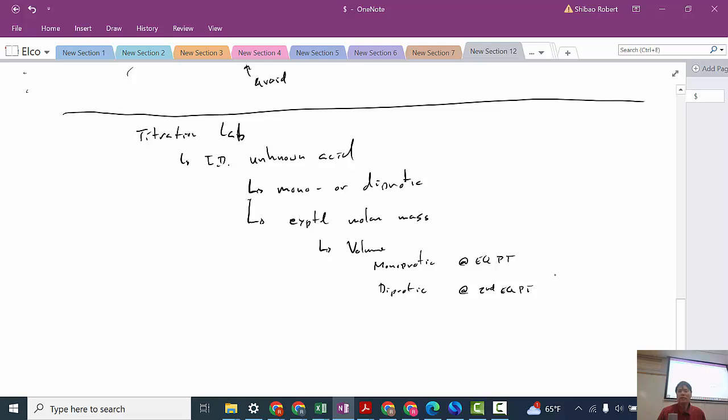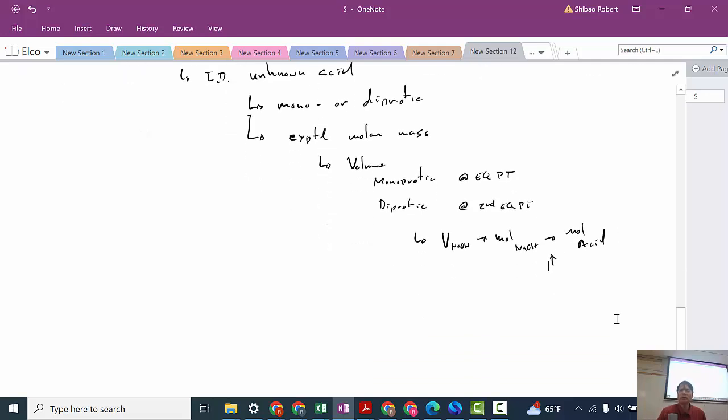And so from this, we can get the volume of sodium hydroxide. From the volume of sodium hydroxide, we could get the moles of sodium hydroxide. From the moles of sodium hydroxide, we could get the moles of acid. We don't know what the acid is, but if we know it's monoprotic or diprotic, then it's going to be this ratio.